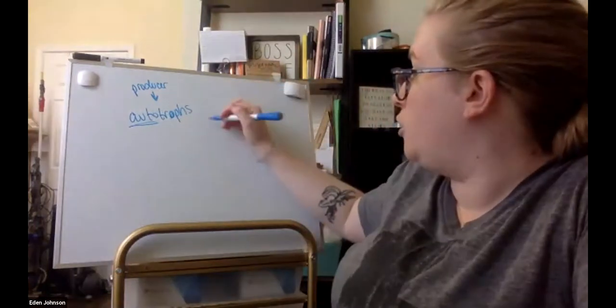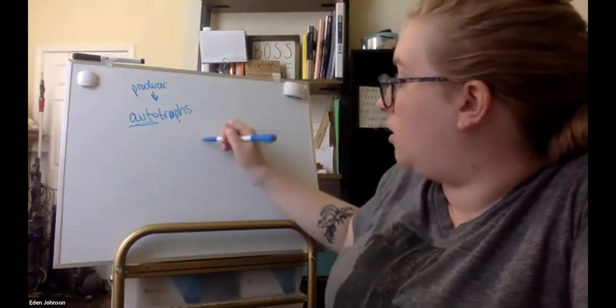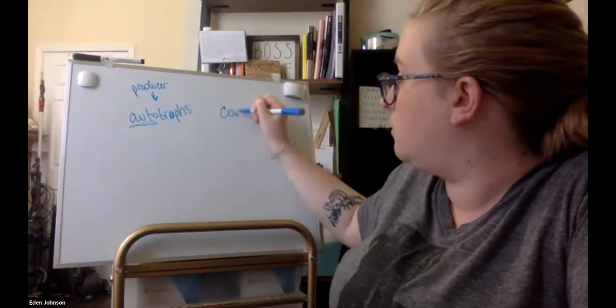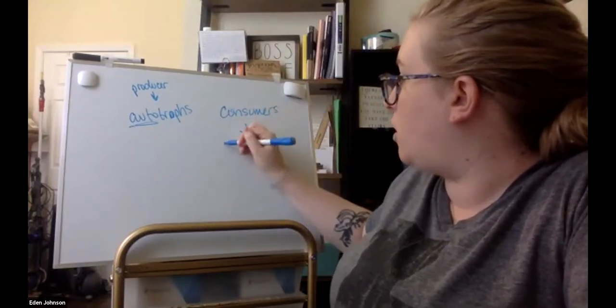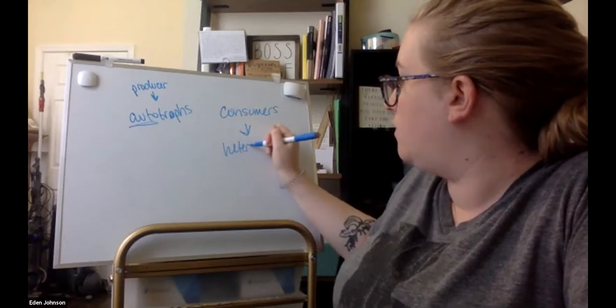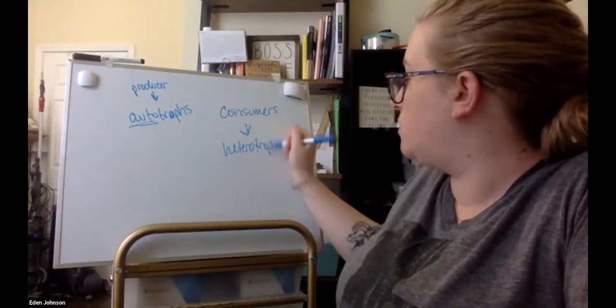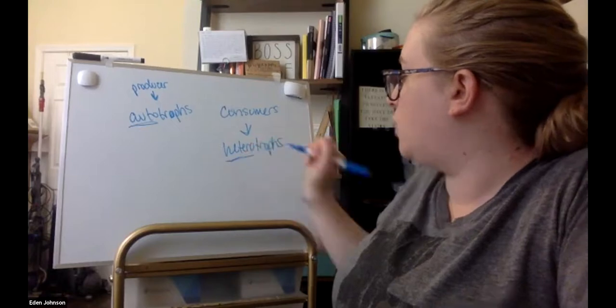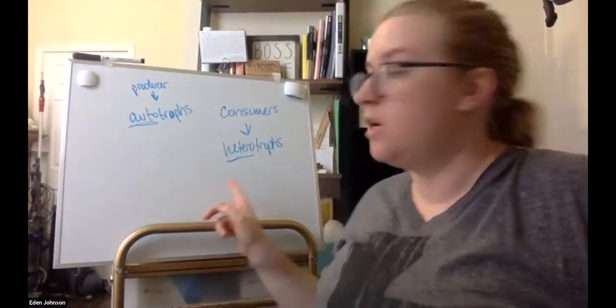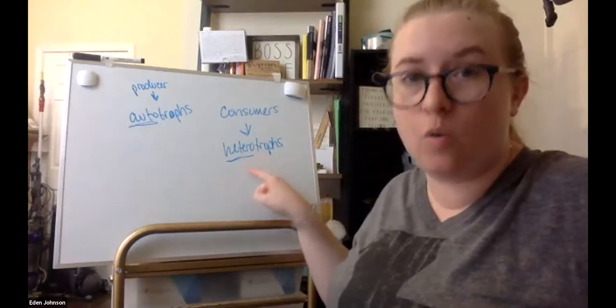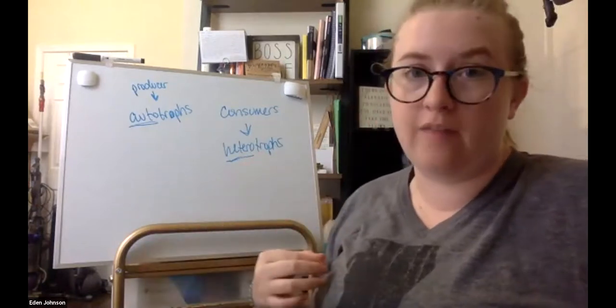And then you have what are called consumers, which are heterotrophs. Hetero means other, okay? So heterotrophs consume other organisms, and that's how they derive their energy.